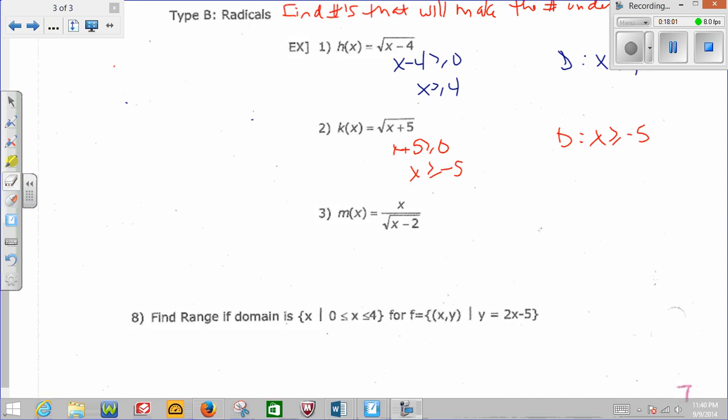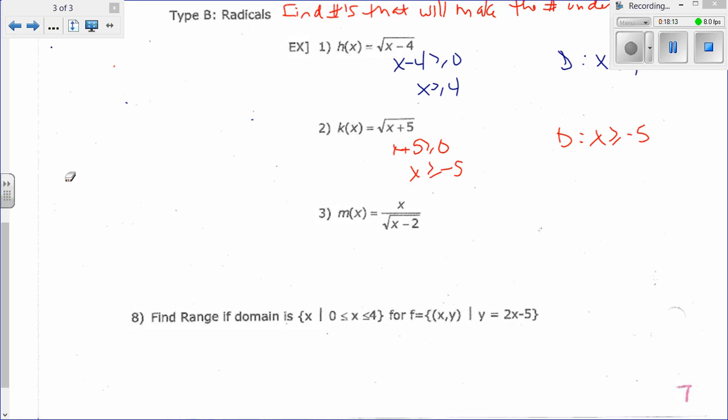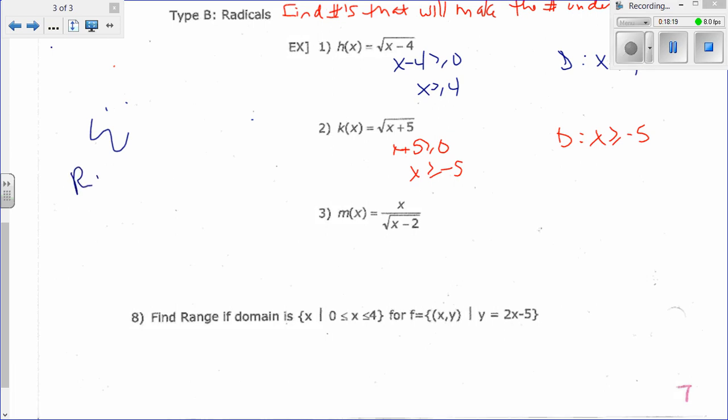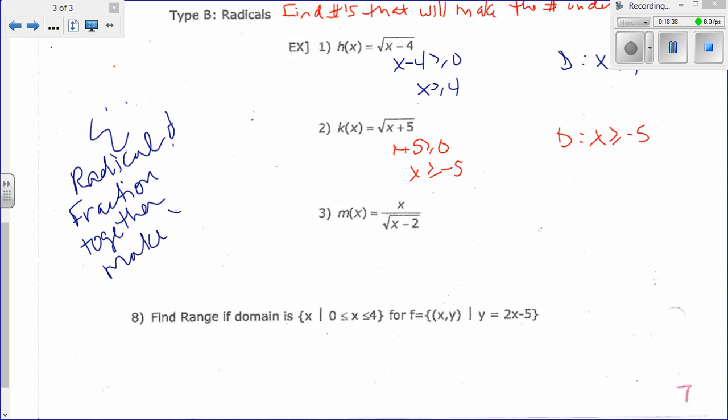When we combine a radical and a fraction together, we want to make it greater than 0 instead of greater than or equal to 0.